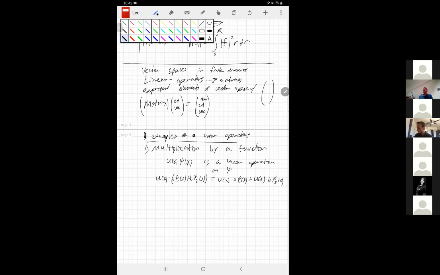That's linear, meaning that if I have this operator acting on a linear combination of vectors, I get a linear combination of U of x times each vector.